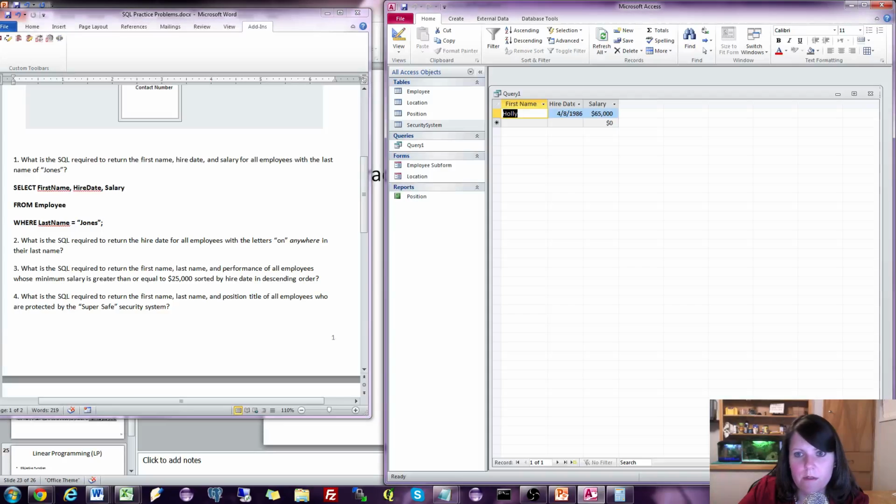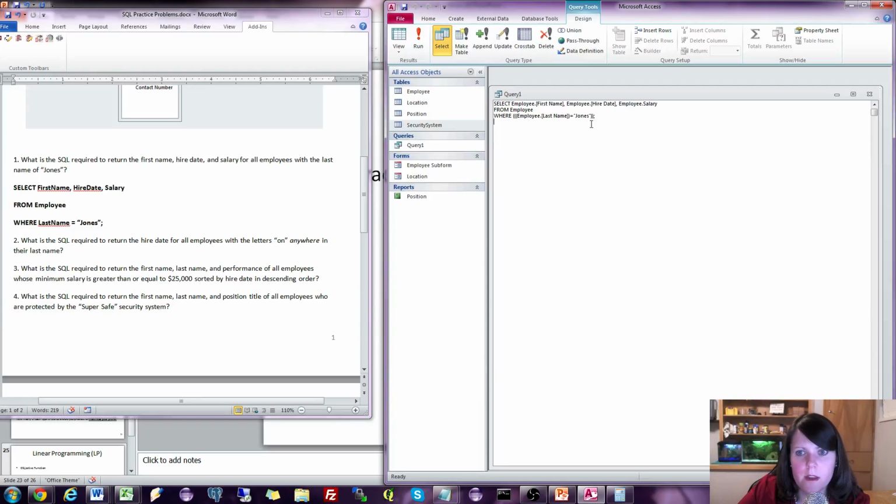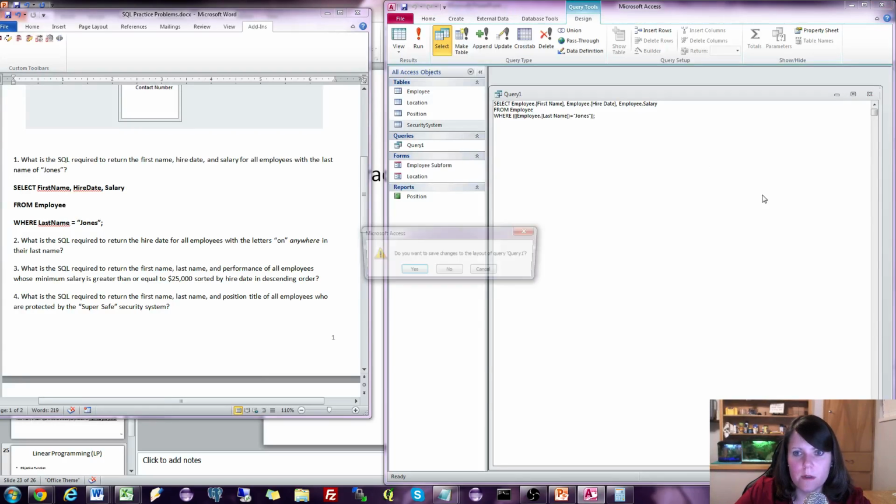I can go to the SQL view on this query, and Access insists that you have the table name every single time, which is kind of annoying for our learning purposes, but you can see it has select first name, hire date, salary, from employee where last name equals Jones, semicolon. The SQL happens to match exactly what we just did, which is good, and we got the data that we wanted. Okay, so I'm going to close this one.